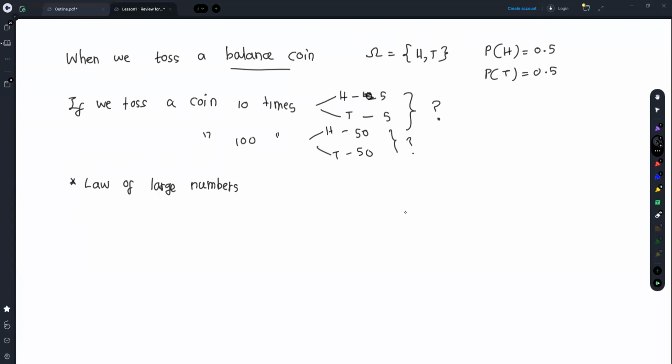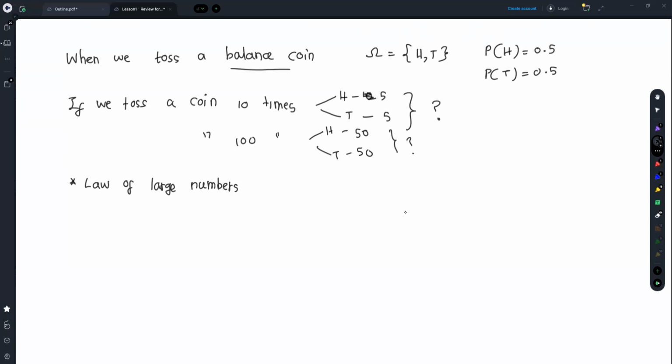The meaning is, although we find these probabilities, these calculations are true only if we do the same experiment again and again under the same conditions many times, a large number of times. So that is the law of large numbers. If you toss a coin 10 times or 100 times or 500 times, you can't guarantee that you get 50% head and 50% tail, because probability is defined using the law of large numbers.